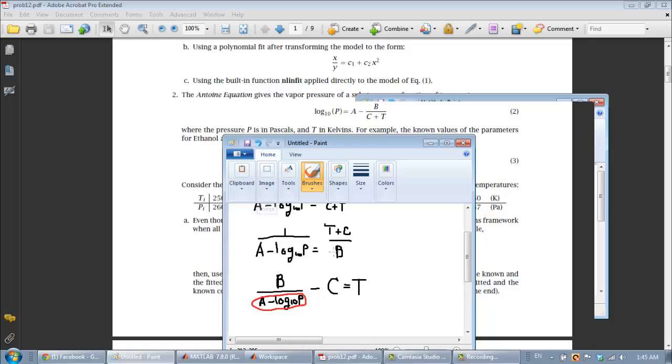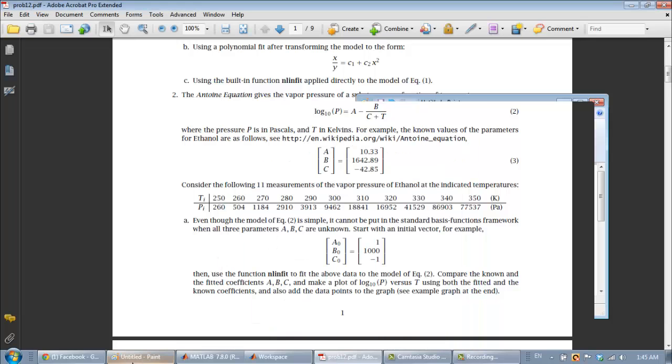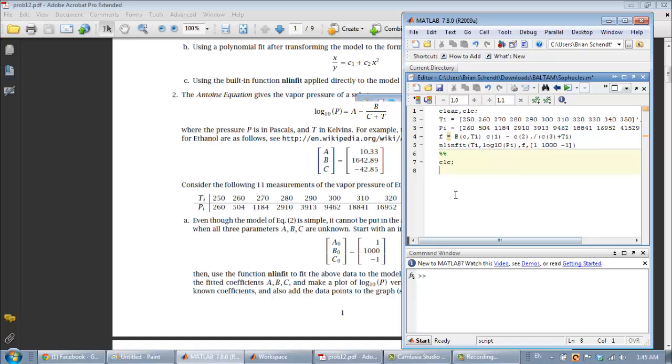Okay, so the polyfit we're doing here is going to be of first degree, and the coefficients we're going to be solving for are going to be b and c. So I'm probably going to try this a different way, but I at least want to show you guys the way that works, or a way that works.